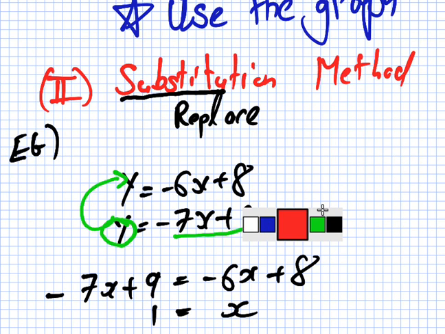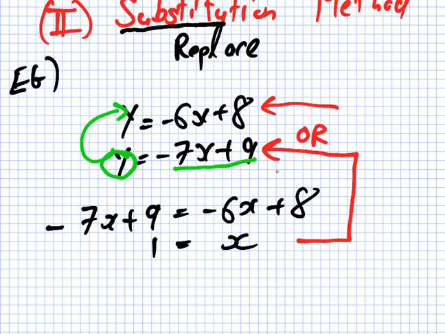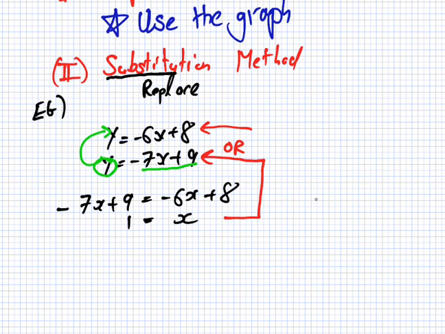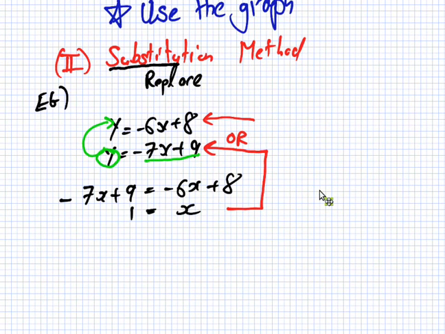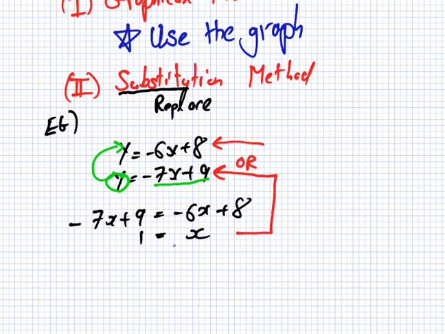Then put that value in the equation. Yeah, we put the x value into here or here. So if I put x in here, I get y equals minus 7 plus 9.